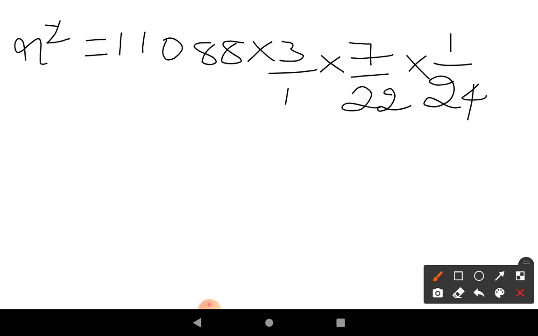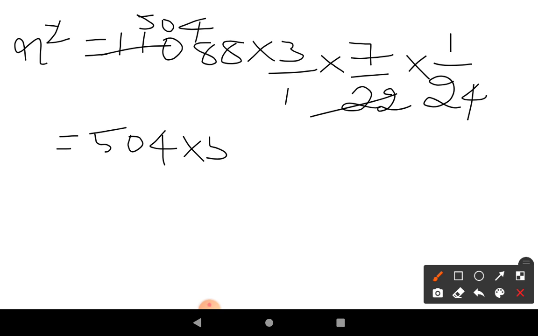Now 22 into 5 is 110. We can add 0 here because we are directly cancelling it. 22 into 4 is 88. Now it is equal to 504 into 3 into 7 into 1 by 24, right?